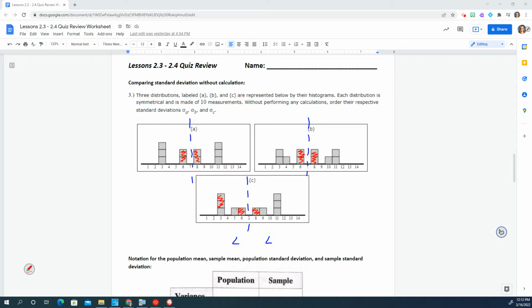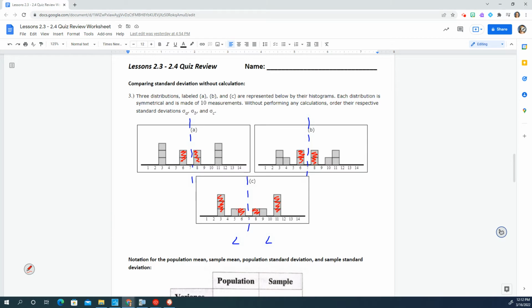I have 3 blocks way out here. So the average distance away from the mean is going to be larger, which means your standard deviation will be larger. So C definitely has the largest standard deviation. So that one you put here, and I'll explain the compound inequality once we get it set up. But that one's definitely the furthest from the mean.